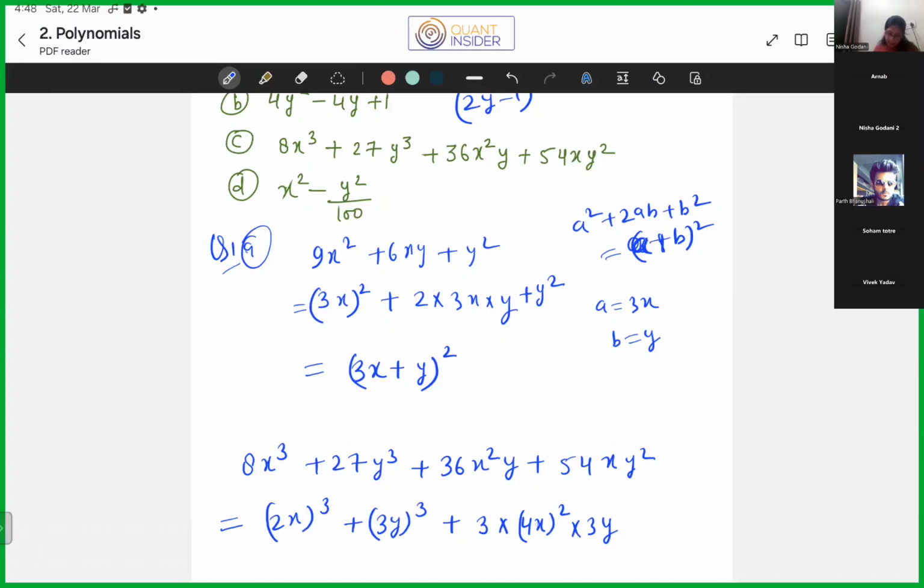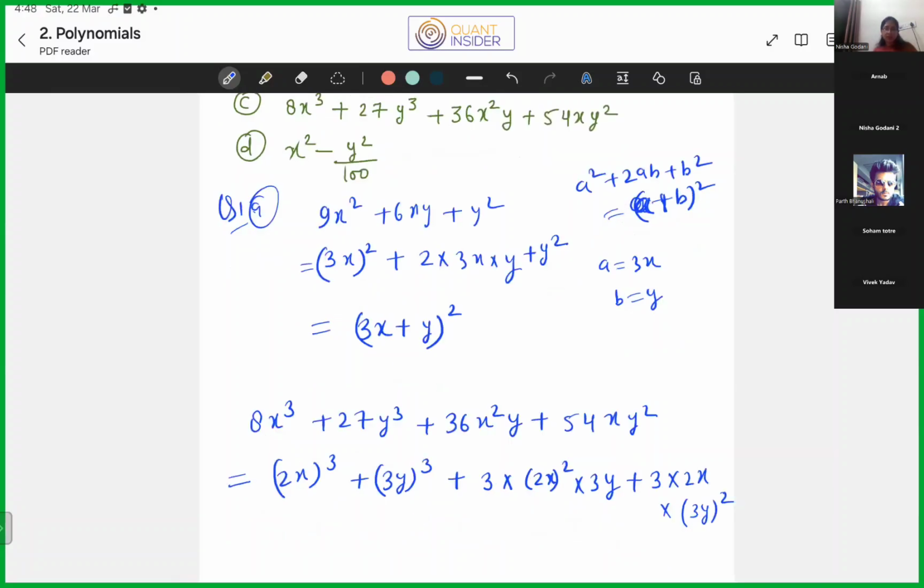If you check it, 4, 4, 16, 9. No, no, it is 2x inside the bracket. Just a minute. 2x, 2x. So 4, 9 are 36, right? Plus 3 into 2x into 3y whole square. So 9, 27 into 2, that is 54.